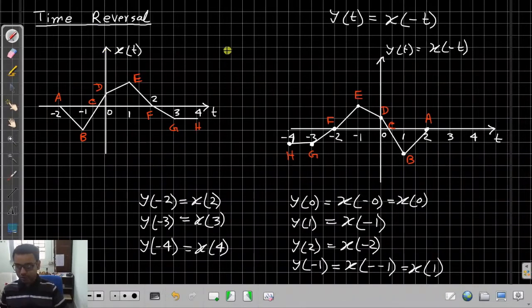So you observe that the graph y(t) is horizontally flipped.